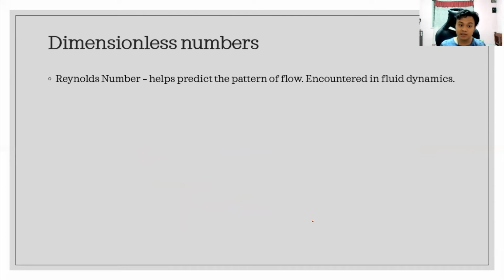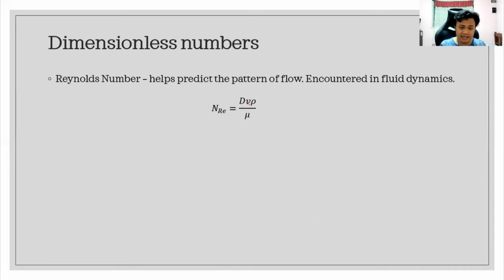So the Reynolds number helps predict the pattern of flow encountered in fluid dynamics, and it is really an important number for you to be familiar with. It has a really simple formula, and you can remember it.